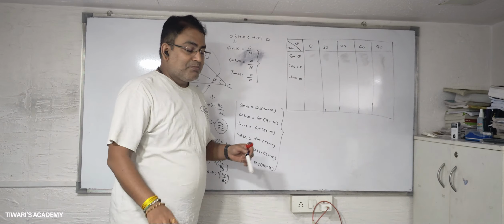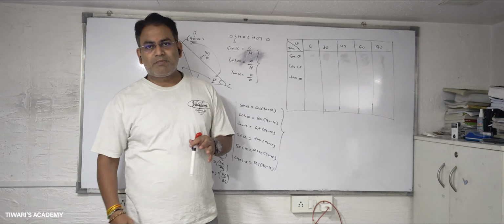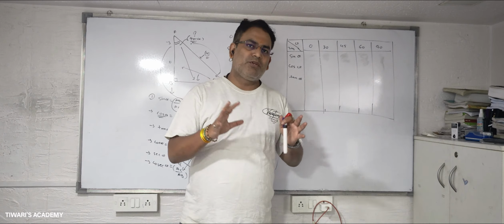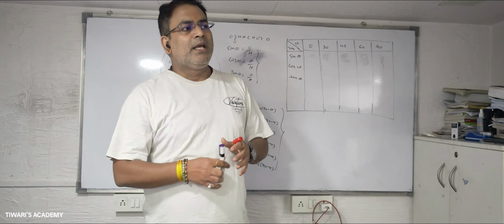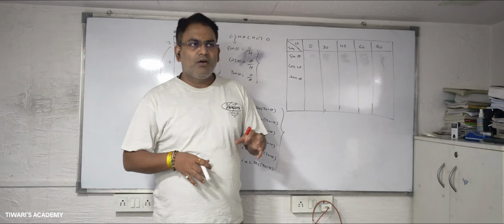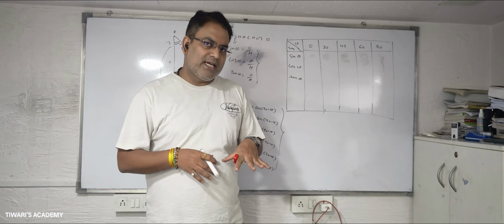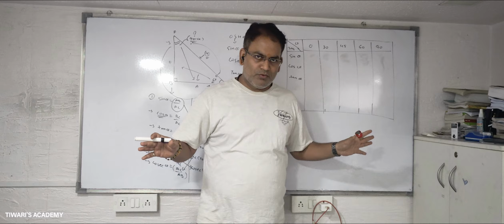This table is very important for 9th graders, because by the time you go to 10th grade, you will be able to memorize all the values. But for ninth graders, yes, you have to remember, or sometimes memorize the sine values. If you are not able to memorize them, it's okay, there is nothing to worry.